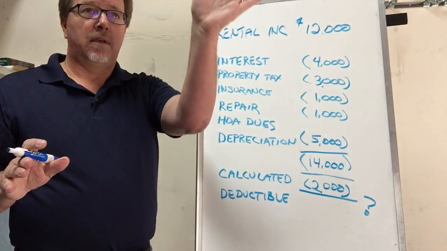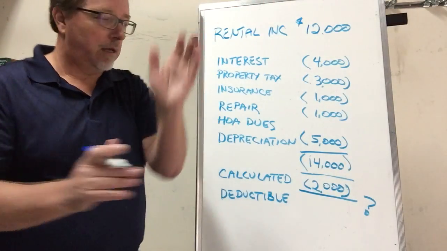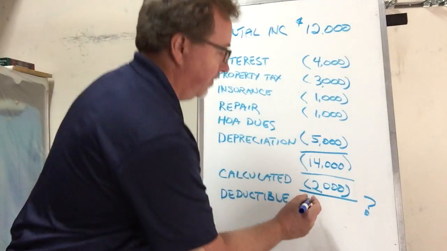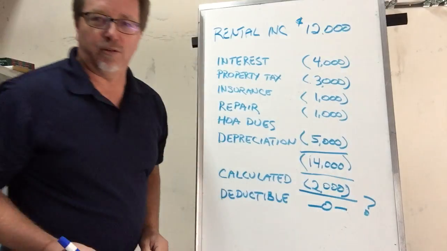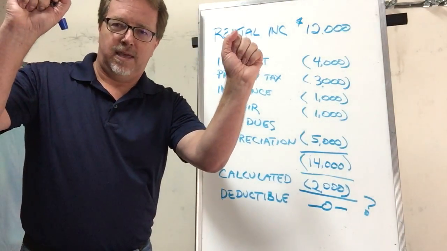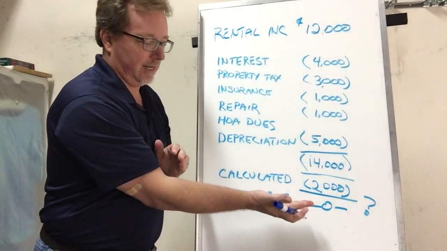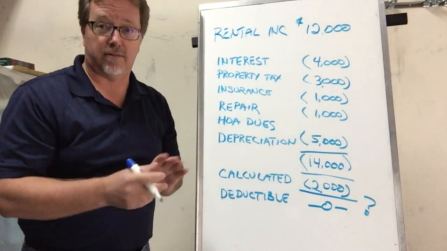Tax law says when your W-2s or any other income is that high, we're not going to let you deduct that $2,000. So you may have a calculated loss of $2,000, but your deductible loss is $0 because your income in other places is strong enough that it blocks you from deducting this loss this year. It doesn't mean forever, but it means this year.